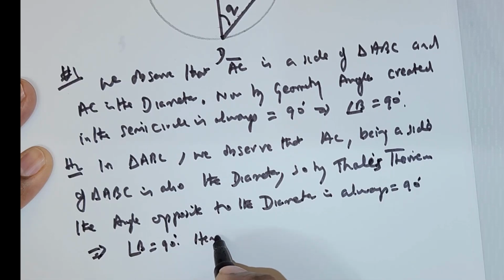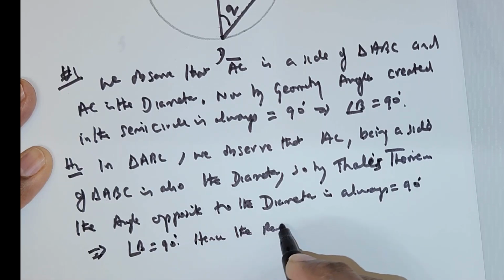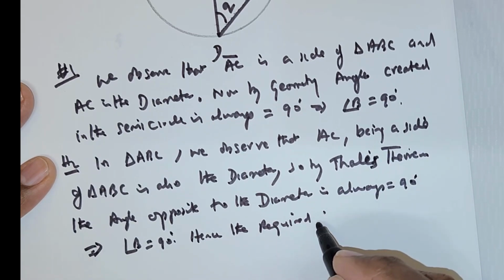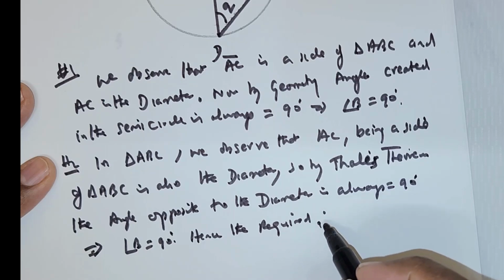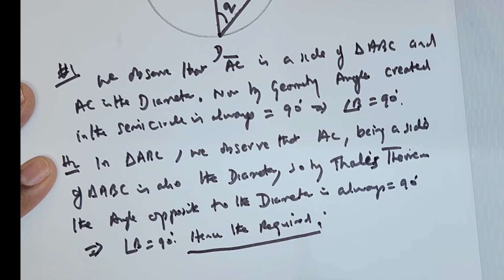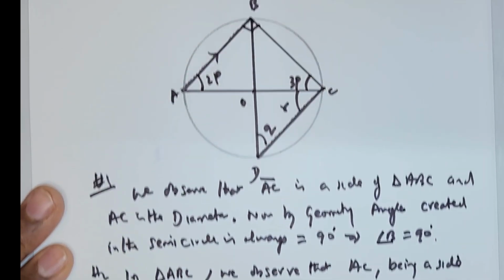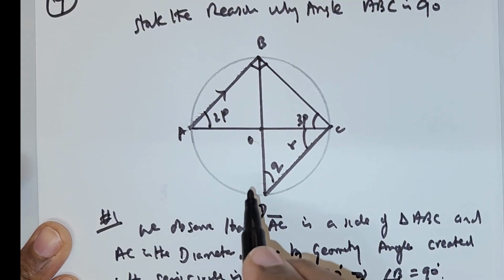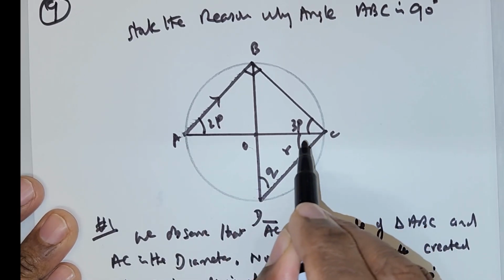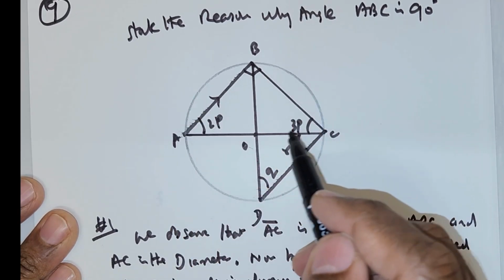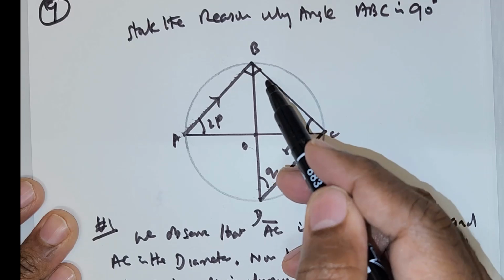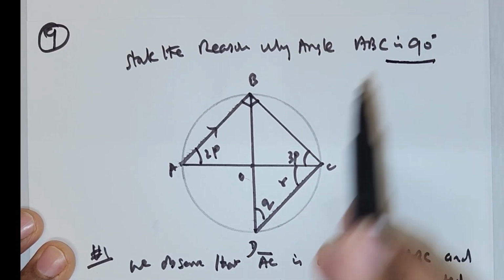Okay, hence the required. So you can use either this or this, right? But remember, once you have a diameter, the angle opposite to the diameter will always be equal to 90 degrees.